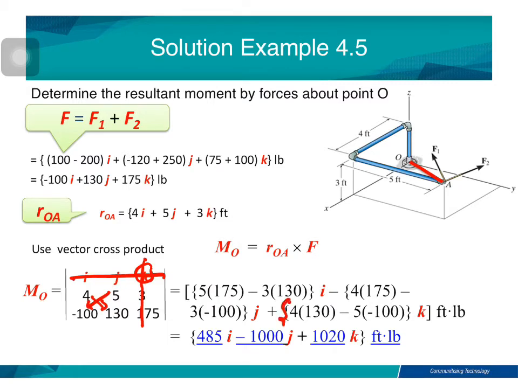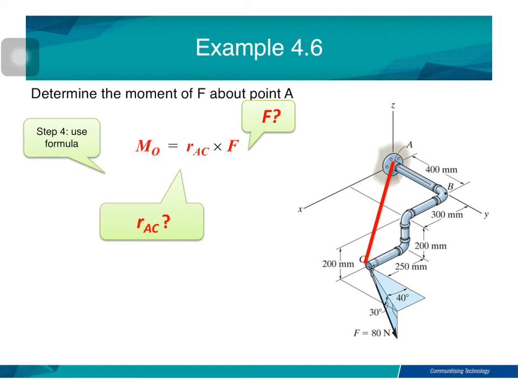So for the final answer, you will determine the vector for the moment about point O is equal to 485I minus 1000J plus 1020K. And the unit here is pound feet.